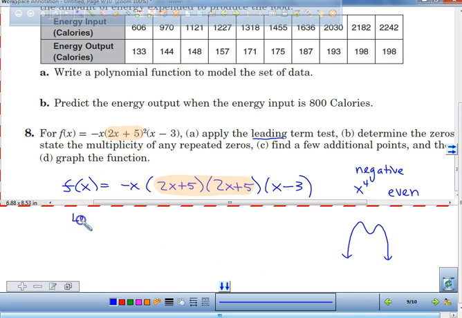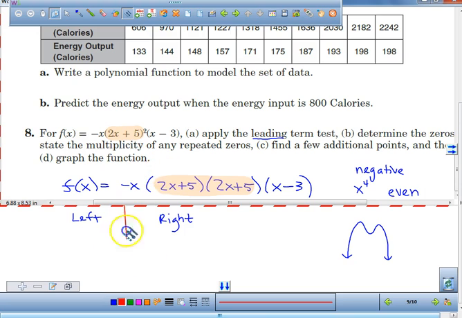So remember when I talked about the left-end behavior and the right-end behavior? When it says apply the leading term test, you're applying it without even having to graph it in the graphing calculator. I already know what the left-end behavior and the right-end behavior are going to be.